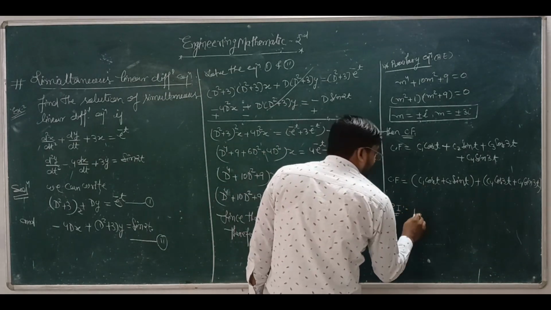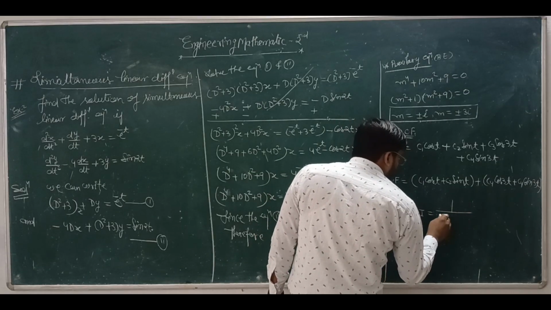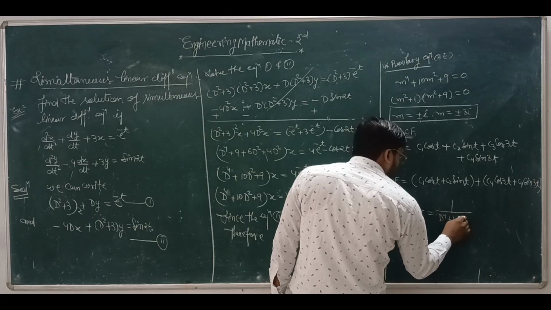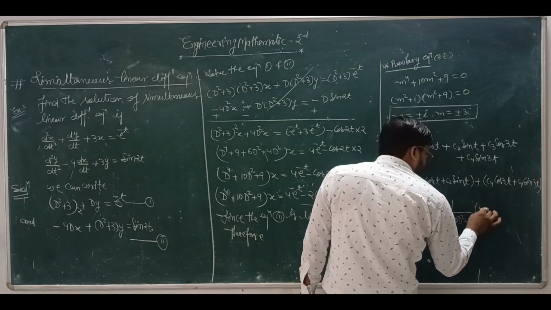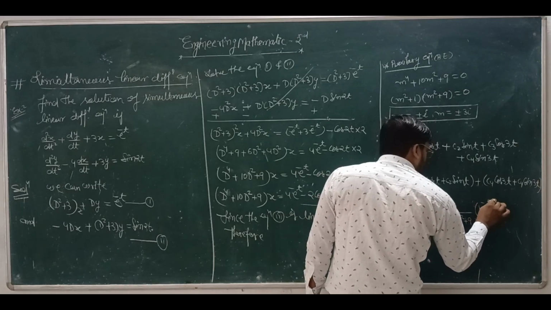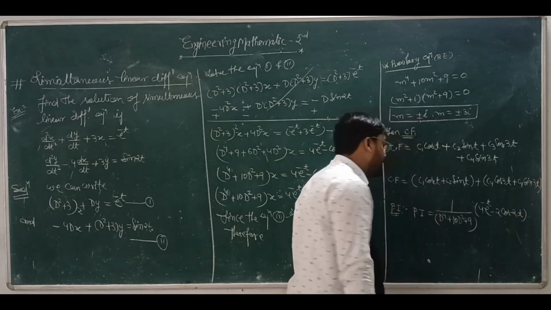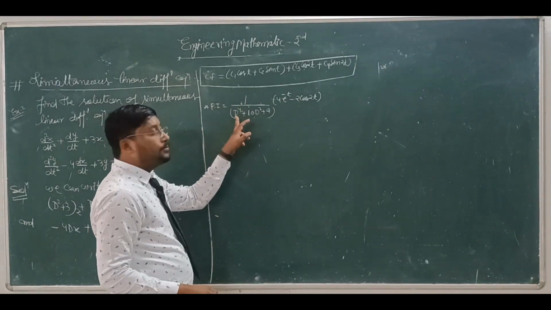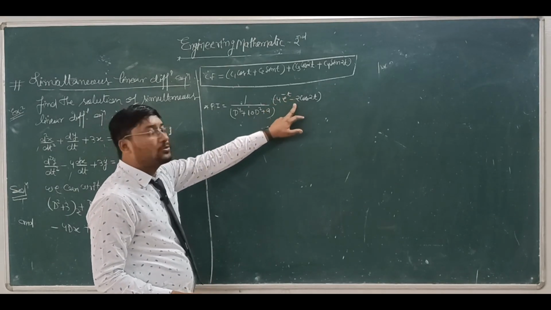It means PI is equal to 1 upon (D^4 + 10D^2 + 9) times (4e^(-t) - 2cos 2t).